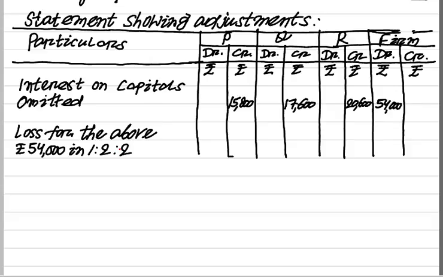They have already taken, which is to be debited. It is 10,800 for P. For Q it is 21,600 debit. For R it is the same 21,600, and it will be credited for the firm at the total value of 54,000.